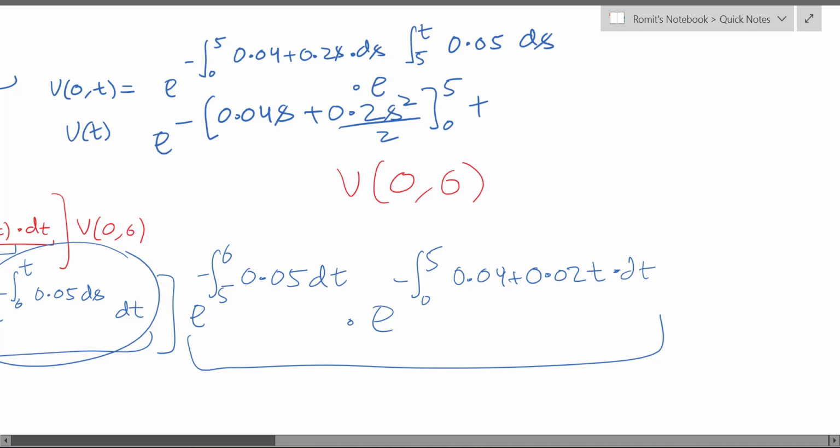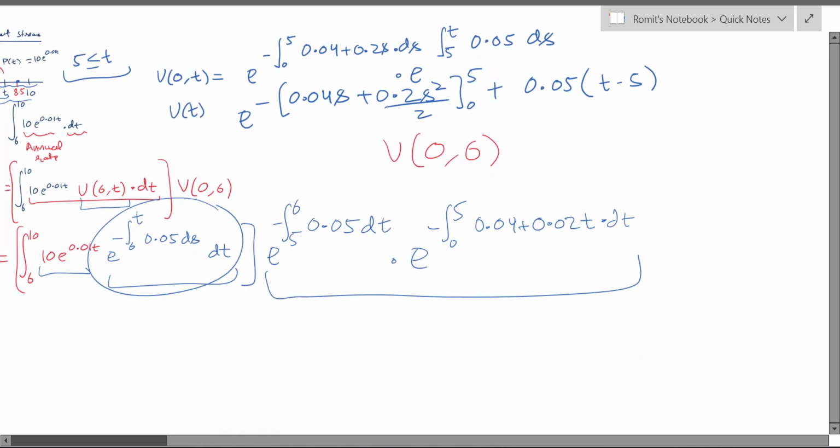So it would basically get added, which will be 0.05 times t minus 5.